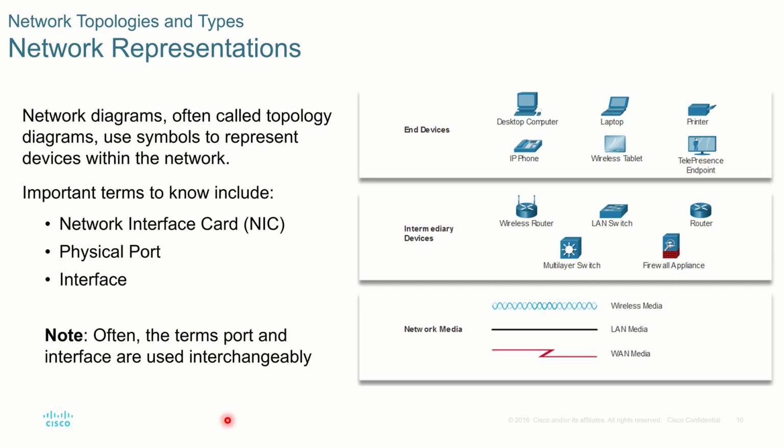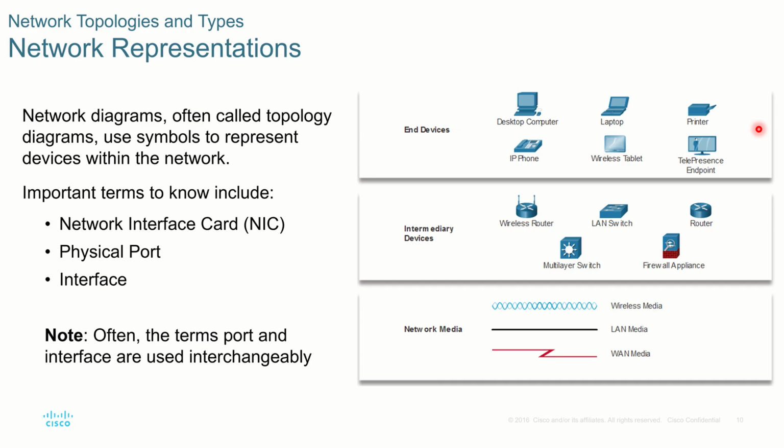So in this diagram, it shows three categories, which are end devices, intermediate devices, and also network media. Under end devices, we have the PCs, here the desktop computer, the laptops, printers, and also IP phone.